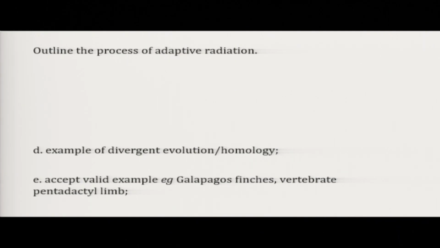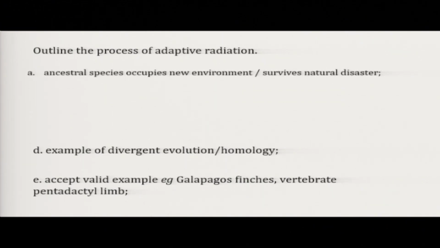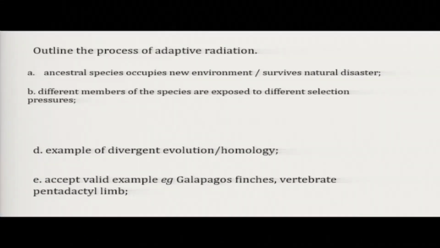Get adapted and radiate. So we differ because of the adaptive features we have. So we have one, ancestral species occupying a new environment, and two, different members of species exposed to different selection pressures.